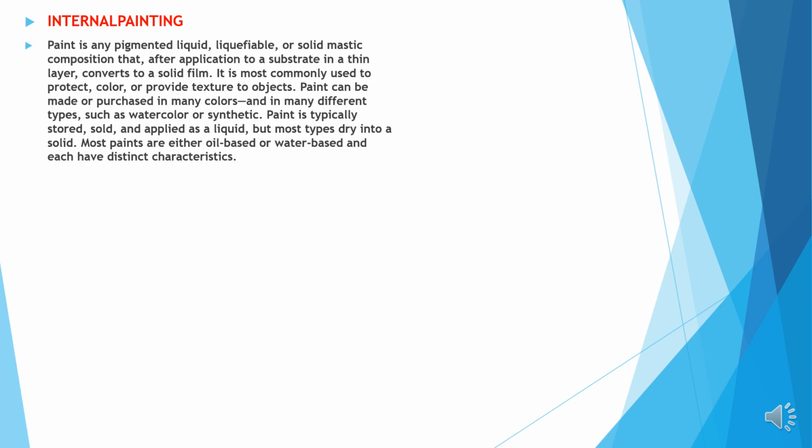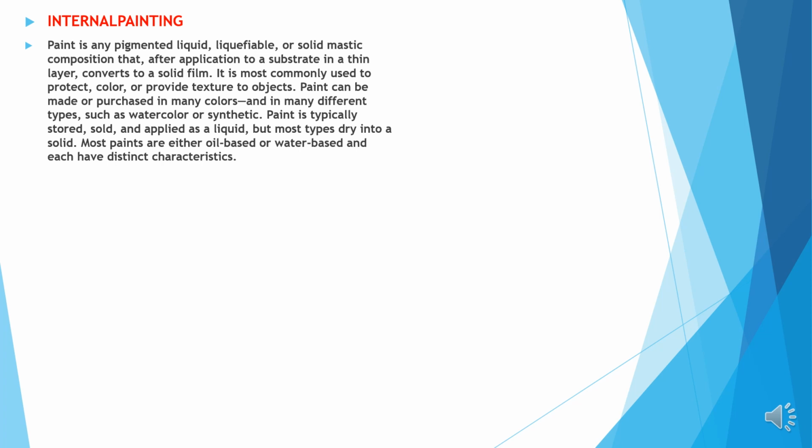Internal painting. Paint is a pigmented liquid, liquefiable or solid mastic composition that after application to a substrate in a thin layer converts to a solid film. It is most commonly used to protect, color or provide texture to the objects.